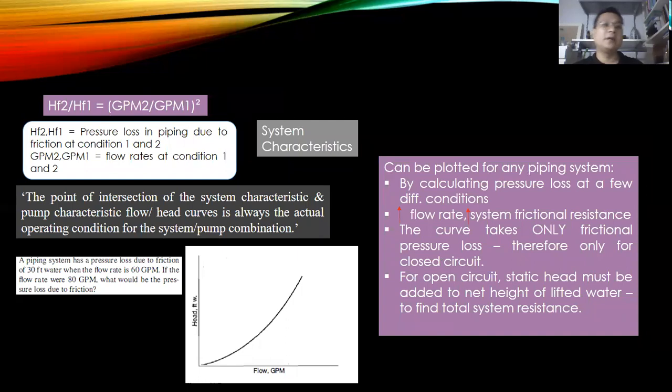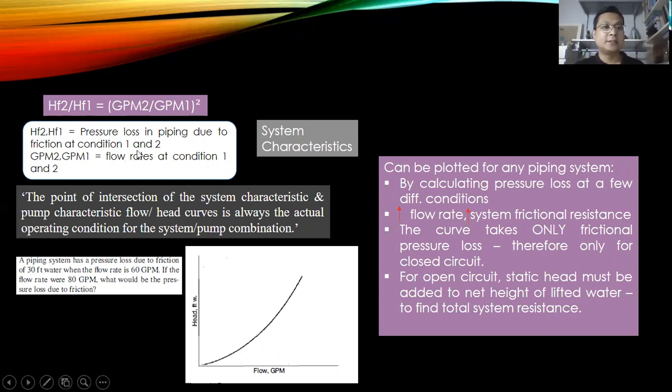Maybe we can also measure the supply liquid from that point.